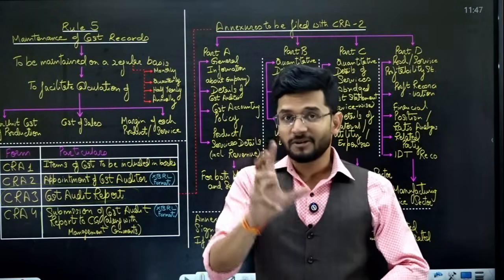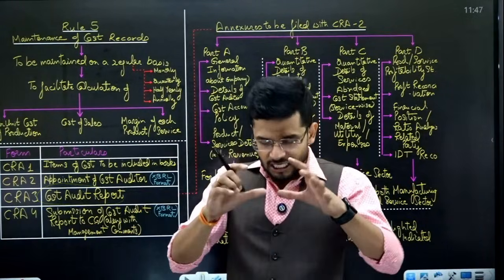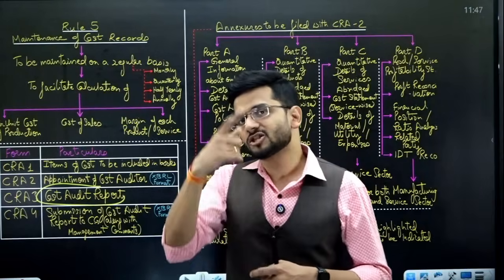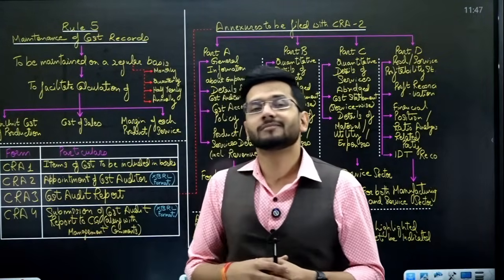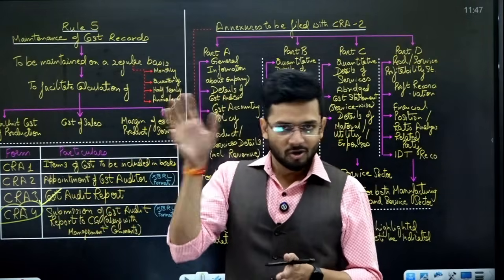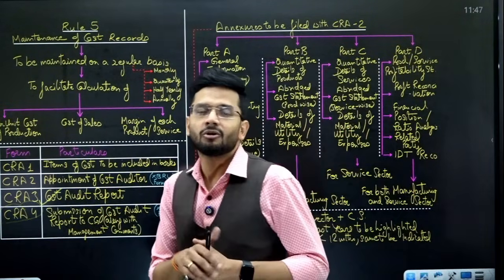Guys, CRA 4 is a special form where, apart from the cost audit report, there is a section which says that management should put in their comments regarding qualifications given in the cost audit report. So this form CRA 4 contains the CRA 3 cost audit report and management comments on the qualifications given by the auditor.